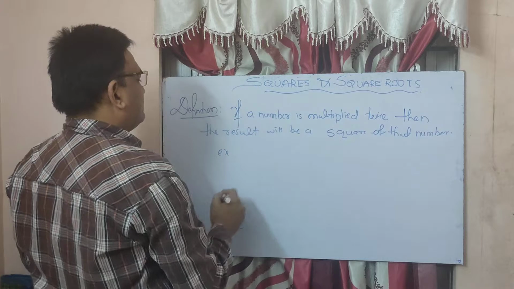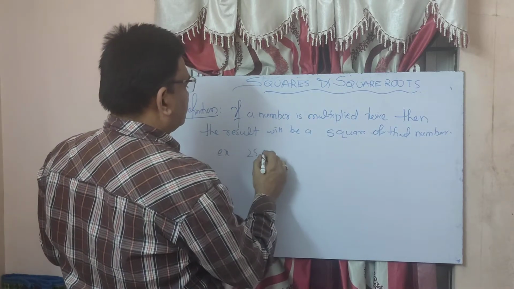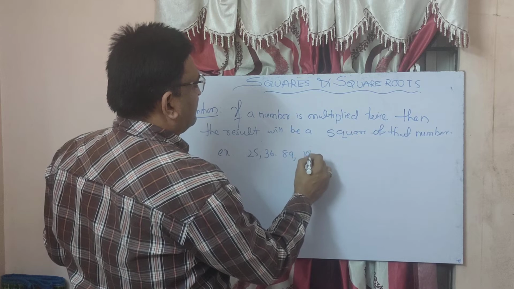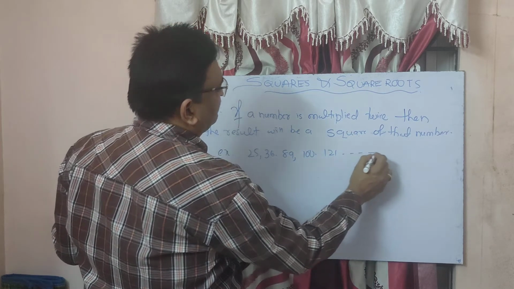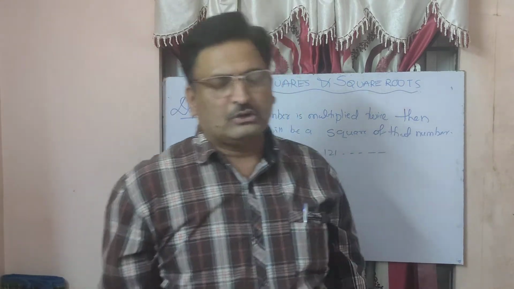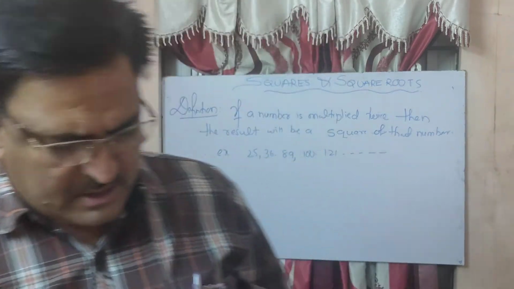Example: 25, 36, 89, 100, 121, and so on. All these are squares.